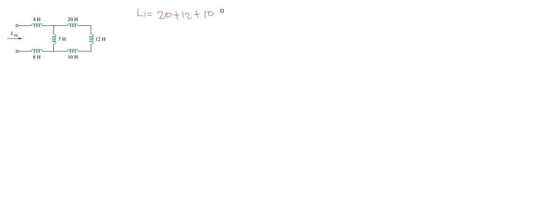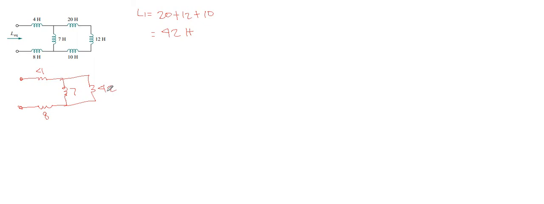Simply we have 10, 22, 20 plus 20. We have 42 Henry. Now we have 42 Henry, right? We have 7, 4, at saka 8.